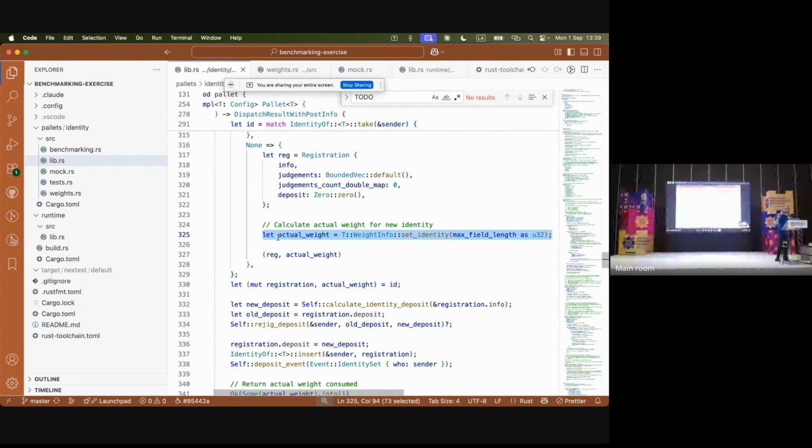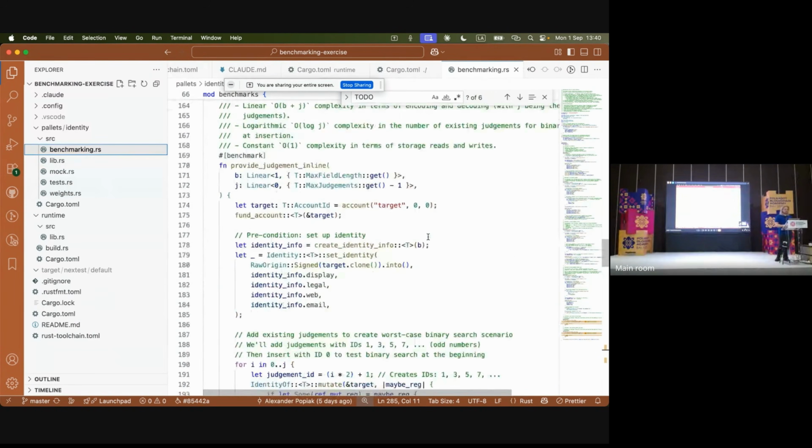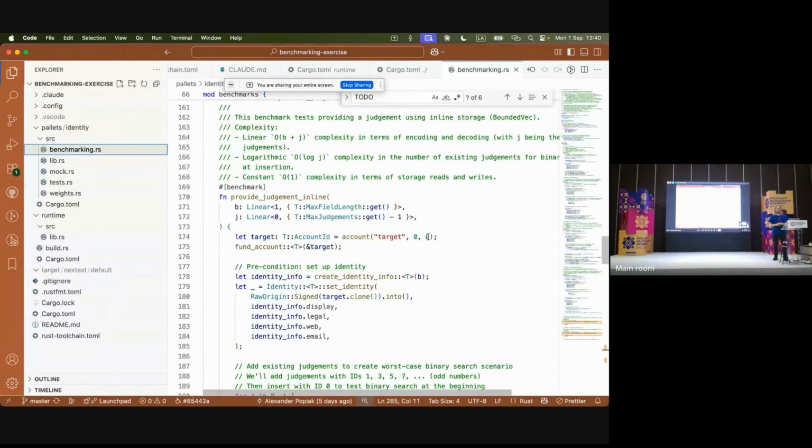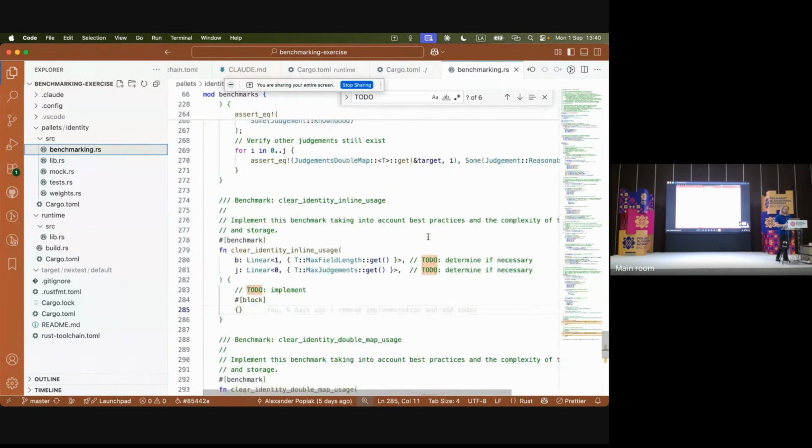So you can also look a little bit at the extrinsics and benchmarks that are already there to see how the Widerhase läuft, as we would say in German, like how it goes. So I encourage you to look at the other benchmarks, how they're written, what they consider, in order to inform how you will write yours.